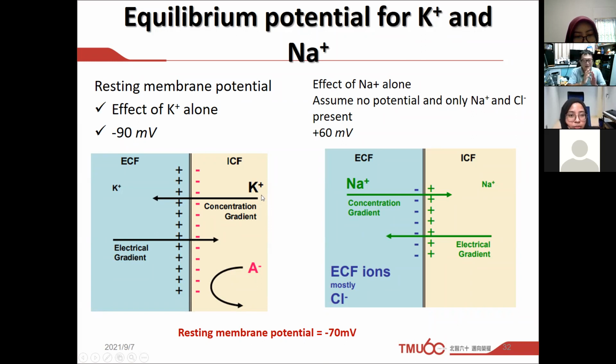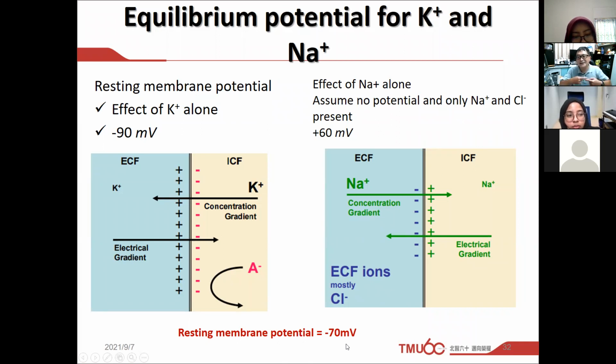So when you just consider these two ions, you will make around potassium minus 90 and sodium plus 60, something like that. And taken together, considering other proteins and other ions, in the end we measure minus 70 millivolts.